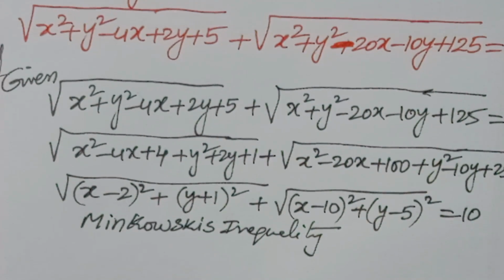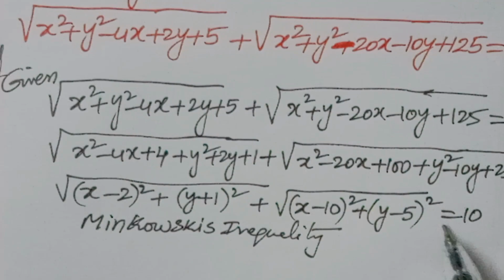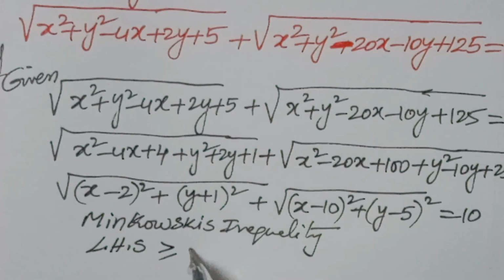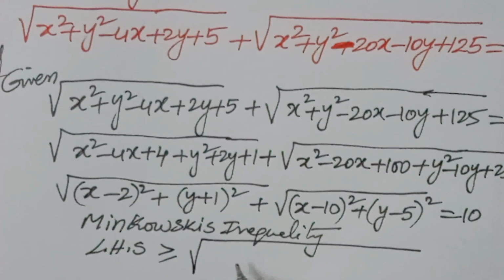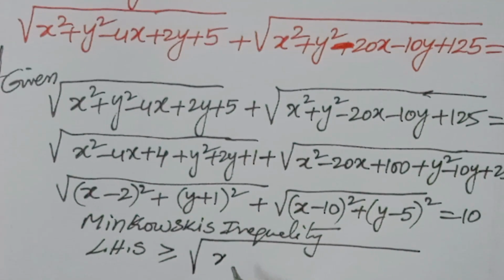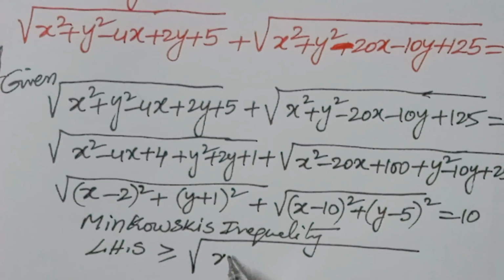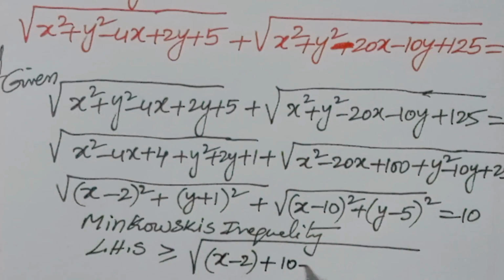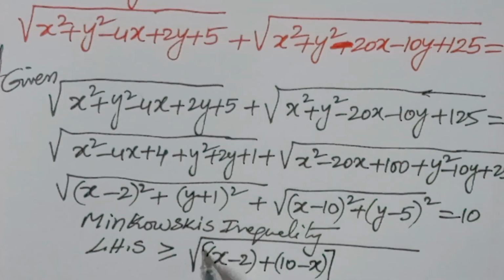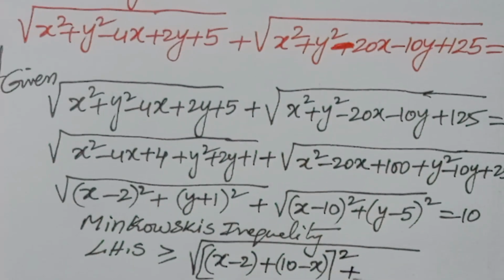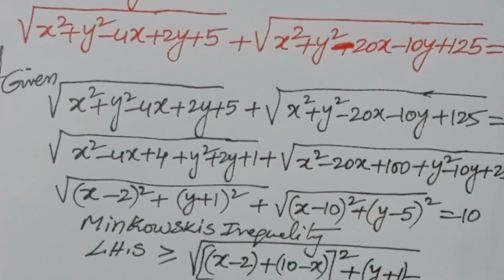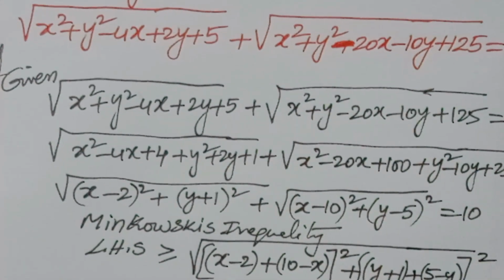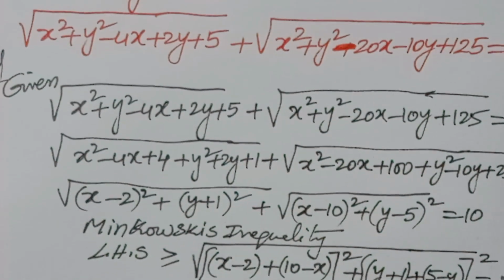So here it shows that the given LHS is greater than or equal to square root of (x minus 2 plus 10 minus x) whole square plus (y plus 1 plus 5 minus y) whole square, which is equal to 10.